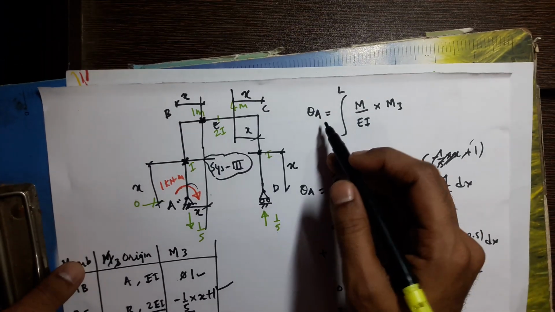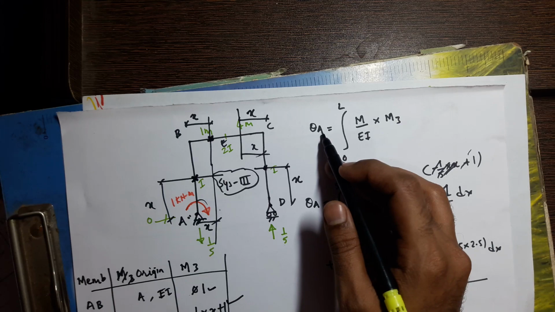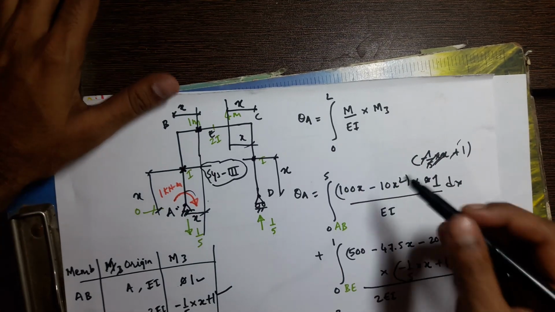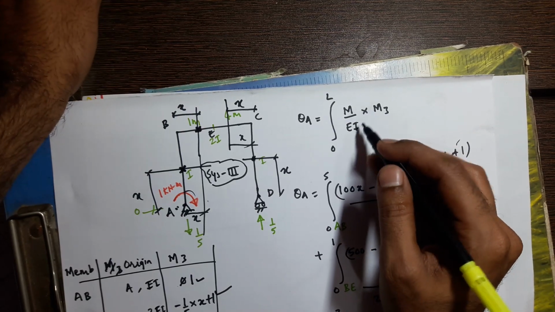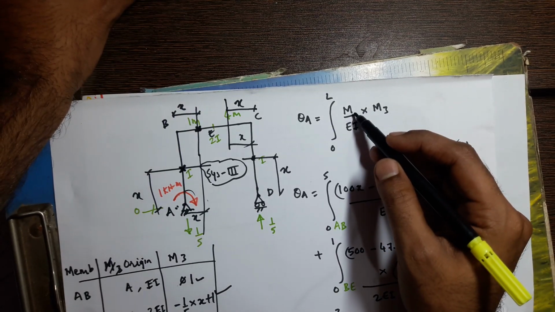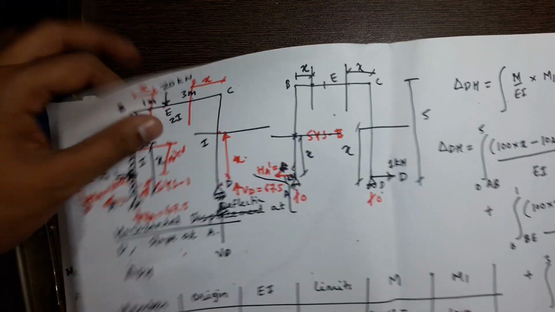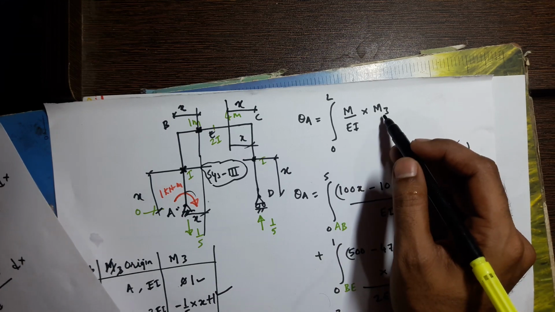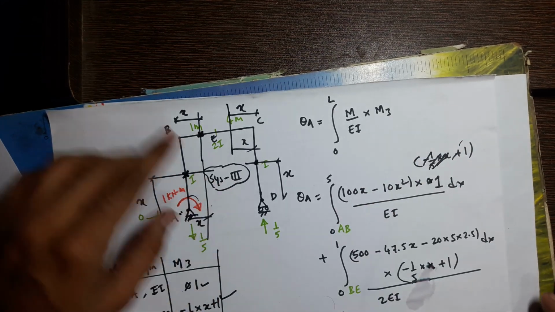You can solve for theta A, the slope at A, equals the integral of M into M3 divided by EI. M is the moment developed in system 1, and M3 is the moment developed in system 3.